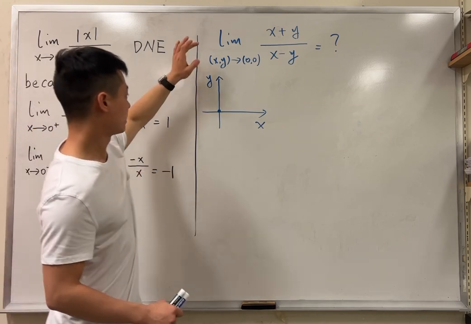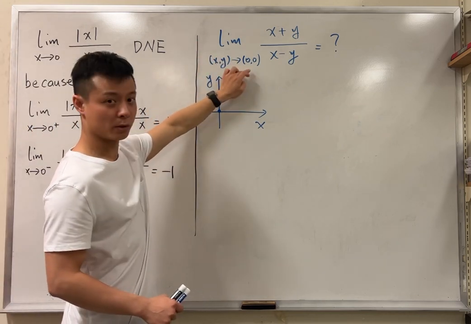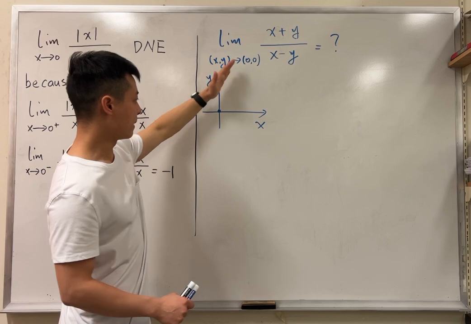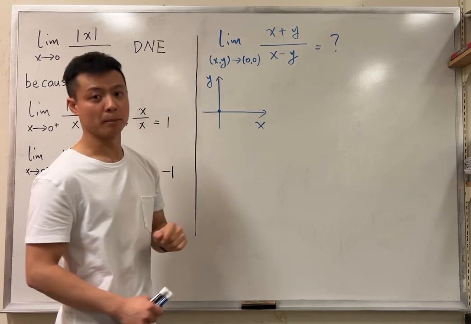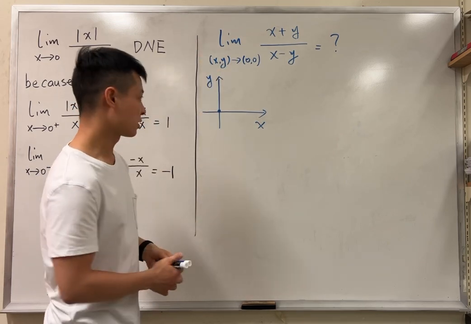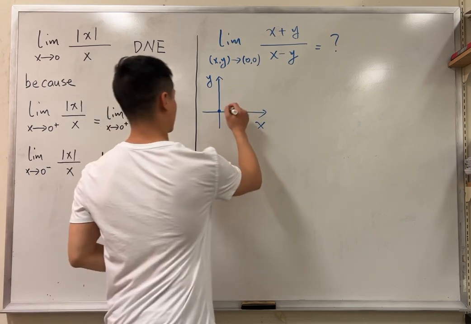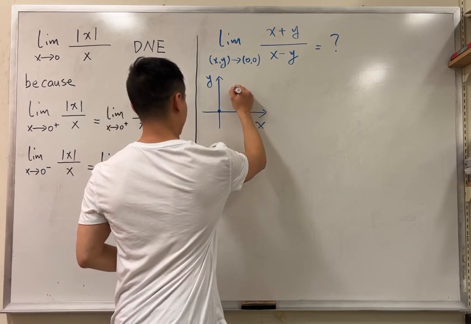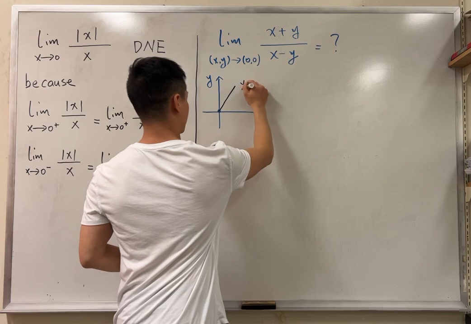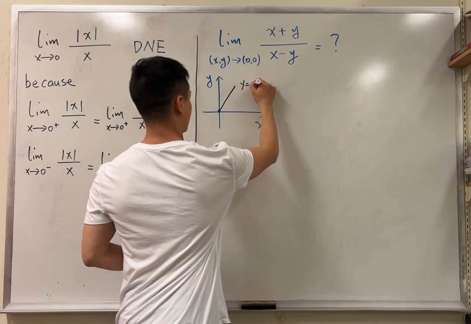Because this point approaches 0, 0, we see that there are many different ways that this point could approach 0, 0. For example, I can approach 0, 0 along this straight line, which is y equal to, let's say, 2x.